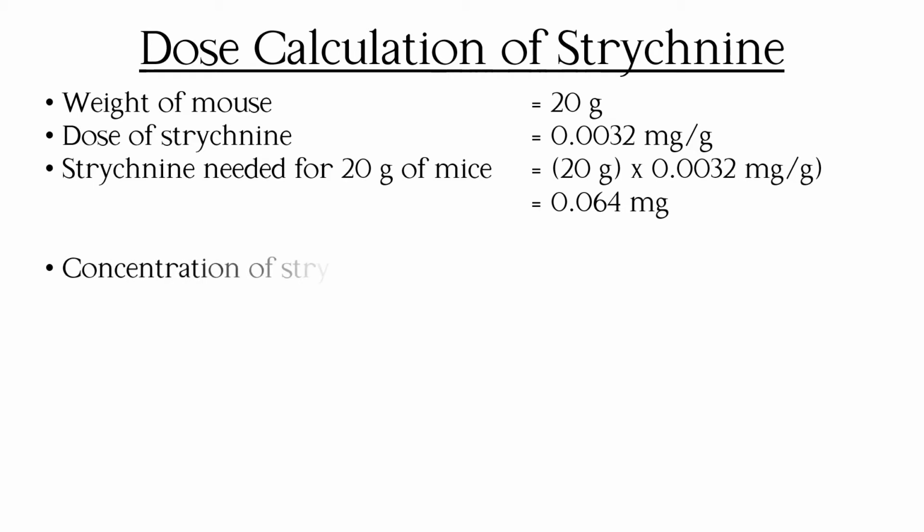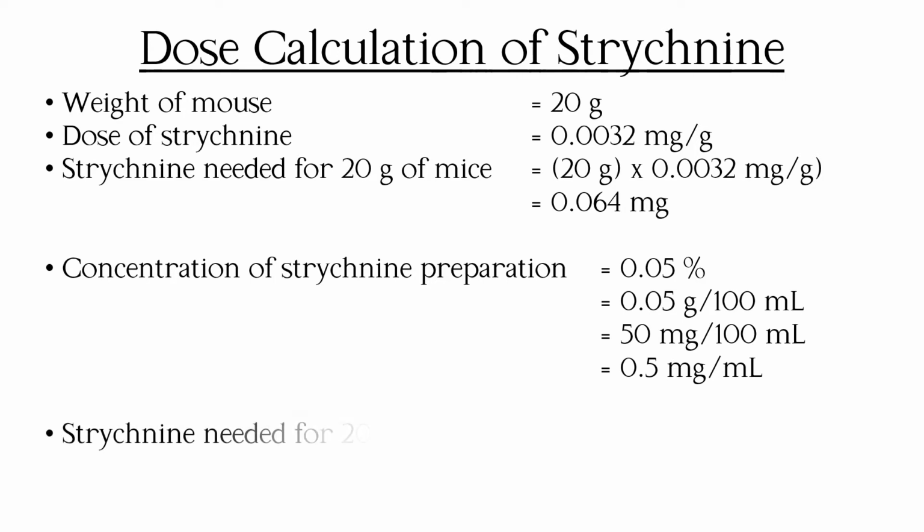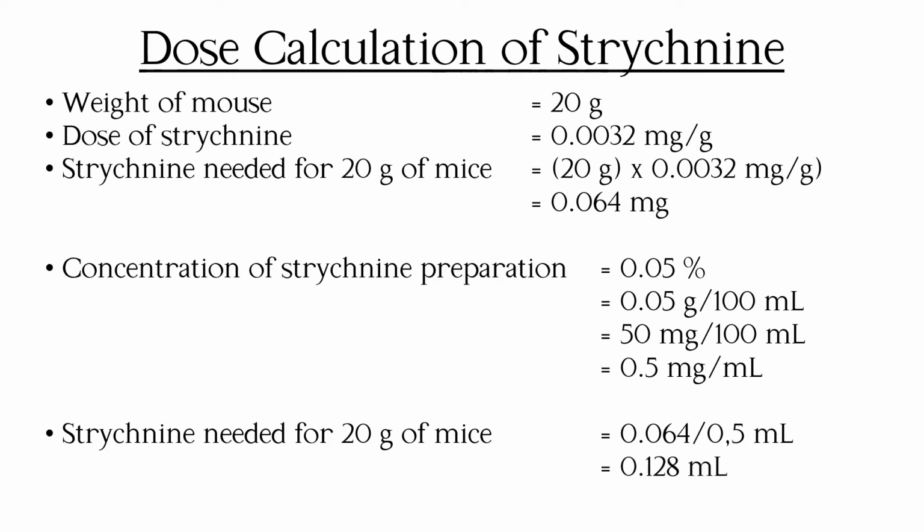The concentration of strychnine preparation is 0.05%, or 0.05 grams per 100 milliliters, or 50 milligrams per 100 milliliters, or 0.5 milligrams per milliliter. So the strychnine needed for 20 grams of mice is 0.064 divided by 0.5 milliliters, or 0.128 milliliters.